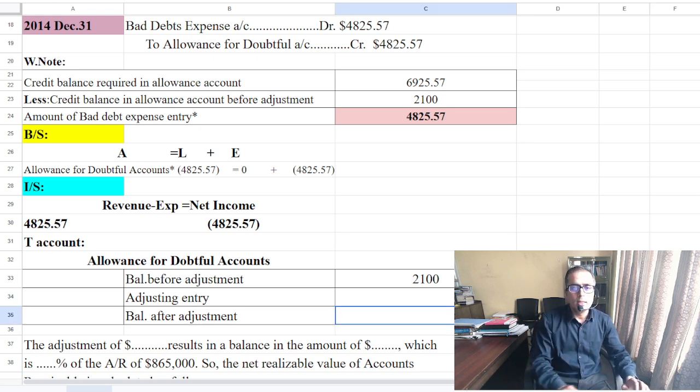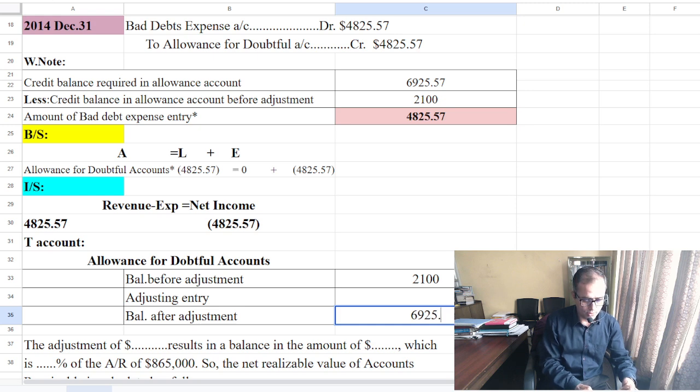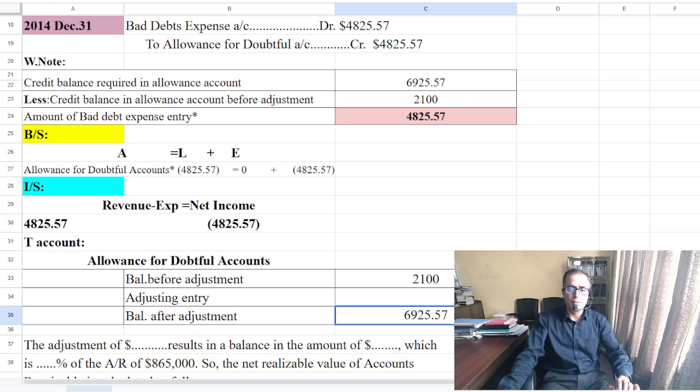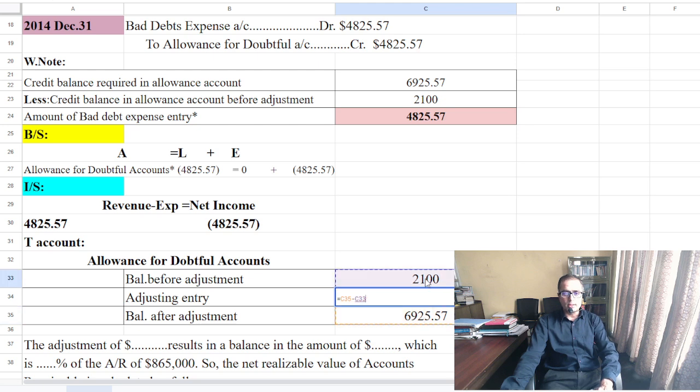That is simply 6925.57. The adjusting entry amount, we already did it, is this value minus this value. You already calculated this figure. So this is our T accounts.